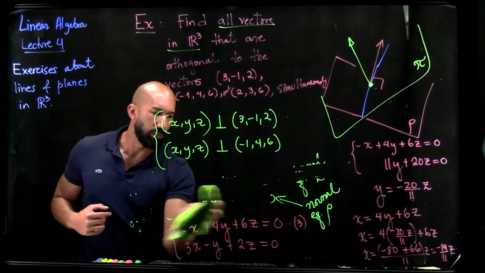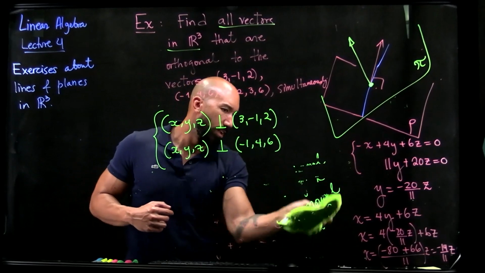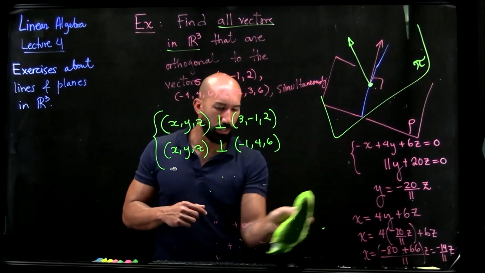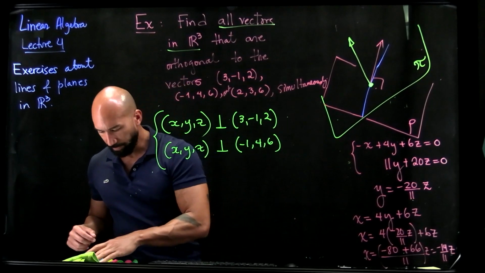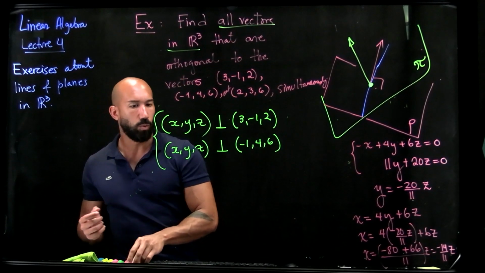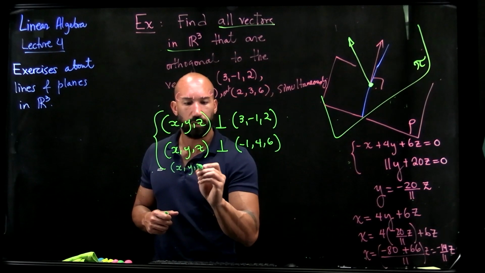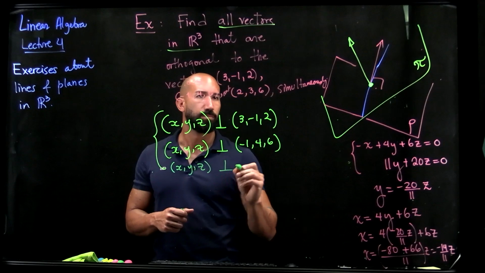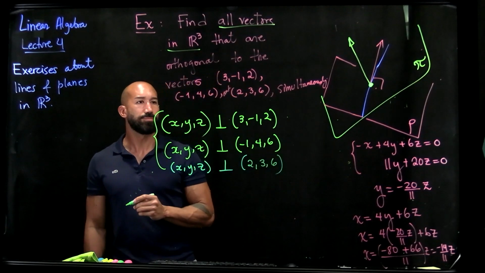Well, I didn't change the first two vectors. So I can keep these two conditions. I just need to add one more. That corresponds to the third vector. All right?